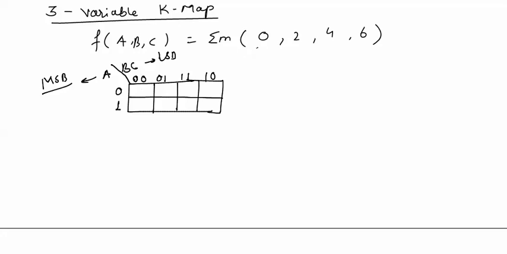Now we will substitute the value logic 1 for these combinations. Now the first block will represent the 0th combination, first combination, and this will represent the second combination, and this will represent the third combination, fourth, fifth, and this sixth combination, and this seventh combination.